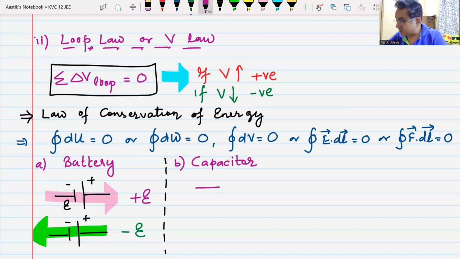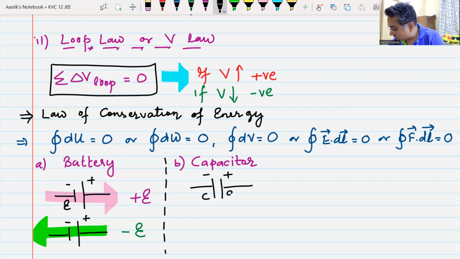So now you can apply some common sense, which all of you have in abundance. When will I take it as positive and when will I take it as negative? For example, this is the capacitor, and let us say this is the negative plate of the capacitor and this is the positive plate.